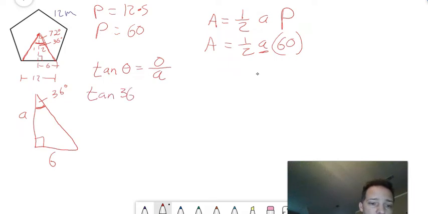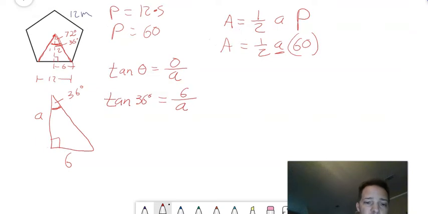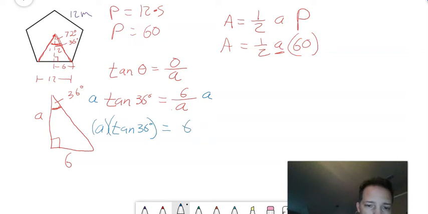Tangent of 36 degrees equals opposite is 6, adjacent is A. If you wanted to solve for A, you can multiply both sides by A, divide both sides by tangent of 36. Your first step is multiply both sides by A, and then your next step is divide both sides by tangent of 36.